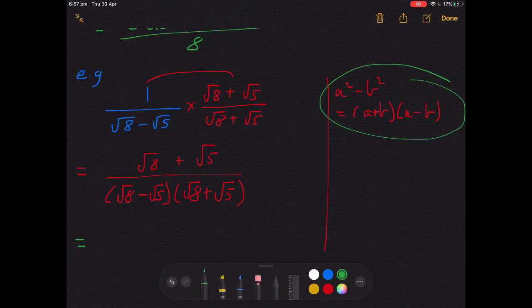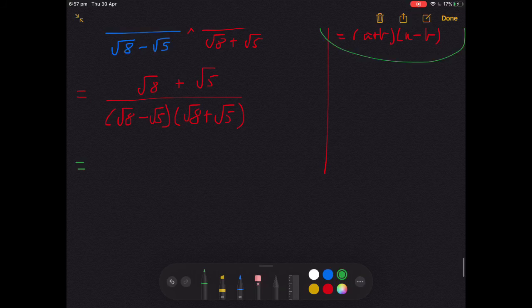I could do the full expansion just to prove to you that it's true. Top line, root 8 plus root 5. FOIL expansion, root 8 times root 8, 8. Root 8 times root 5, root 40.